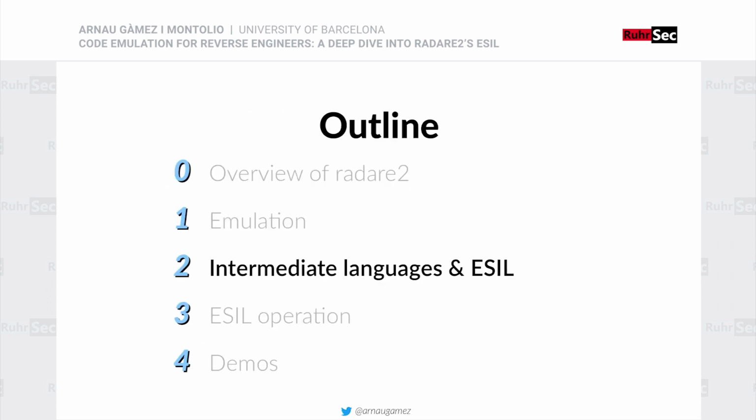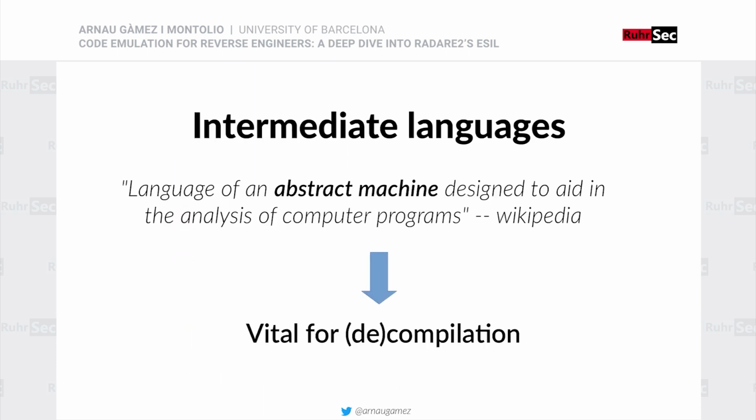We'll talk just a little bit about intermediate languages, and then I will introduce ESIL, which is the intermediate language of radare2, as you might have guessed. Taking from Wikipedia, an intermediate language is a language of an abstract machine designed to aid in the analysis of computer programs. What does that mean?